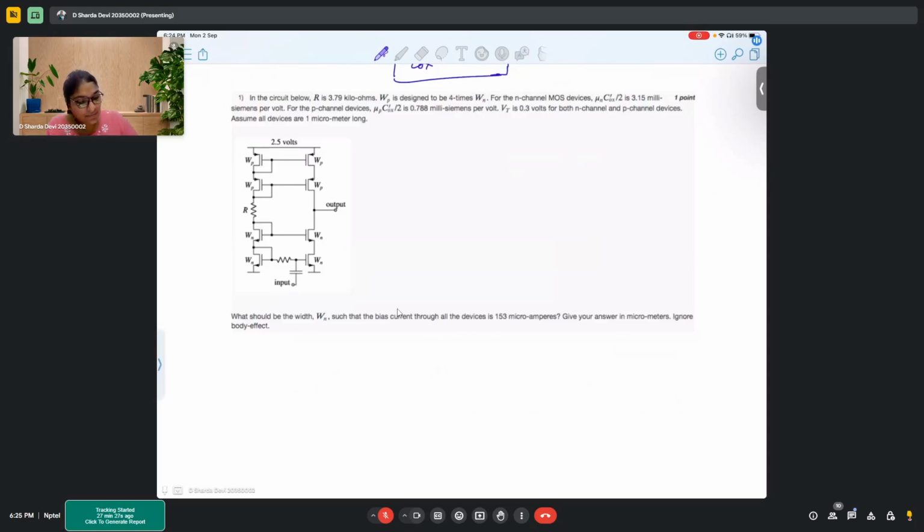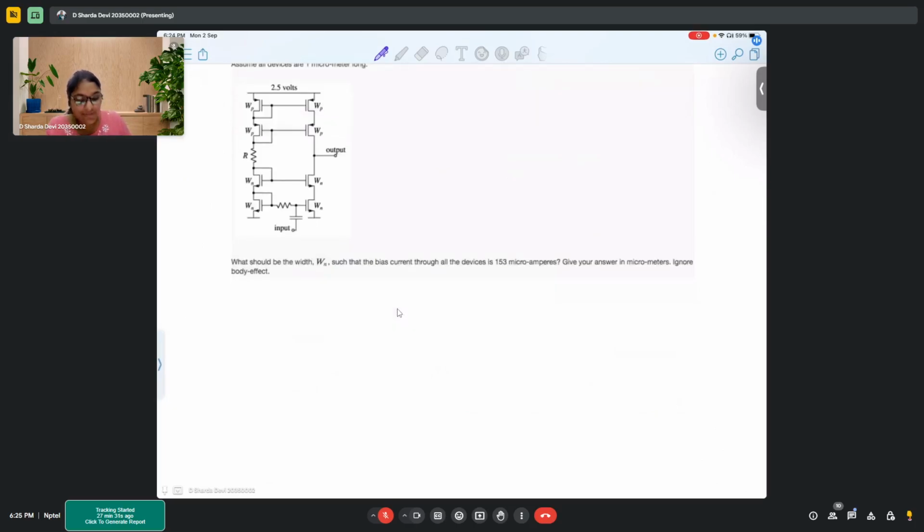There are different kinds of amplifiers, as I mentioned, right? In multi-stage amplifiers also, there are two types of amplifiers. One are cascade and another are cascode.